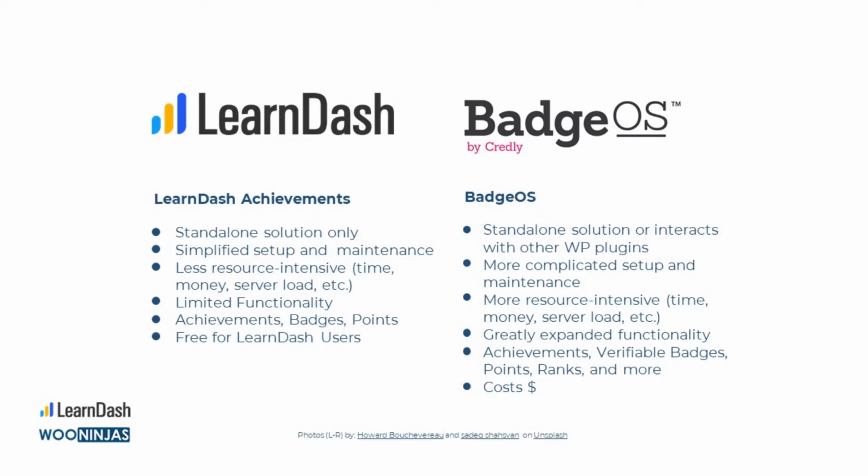With LearnDash Achievements, your reward system is centered around, you guessed it, achievements and badges. While all of your achievements come with points, you cannot award points by themselves, which in a certain way limits their use. With BadgeOS, all sorts of things can be done with points, from redeeming them during purchases to using them to unlock exclusive course content.